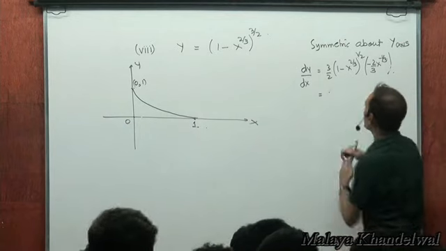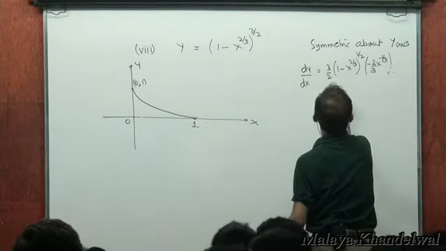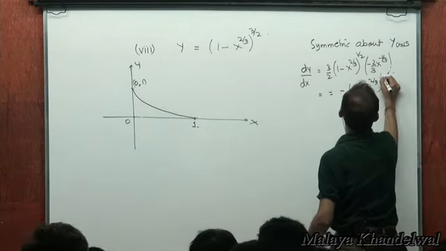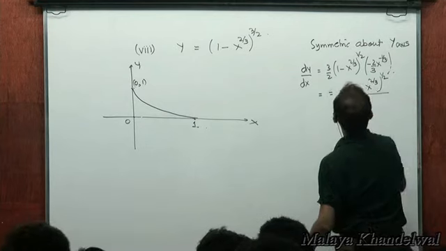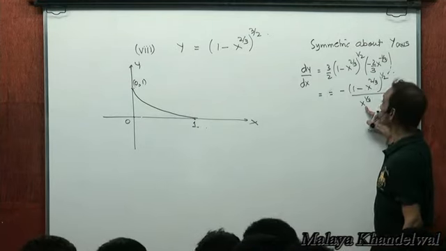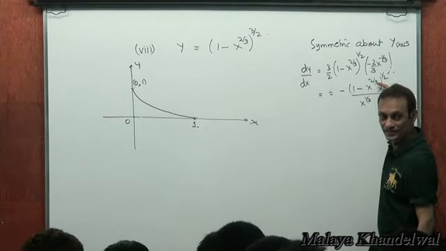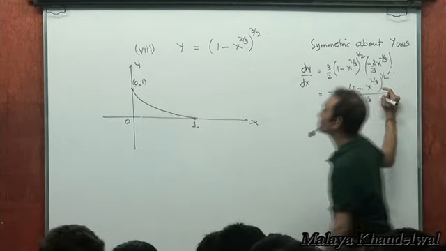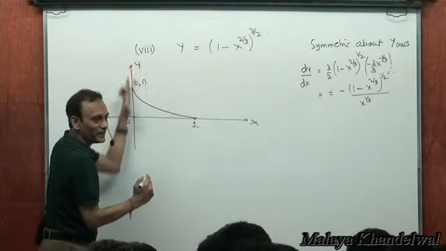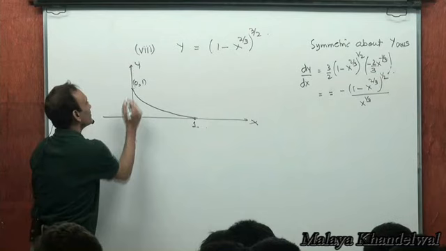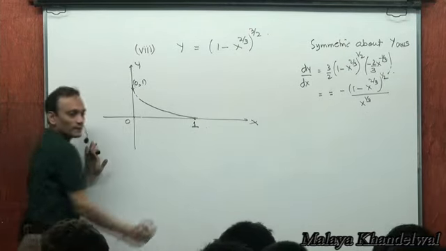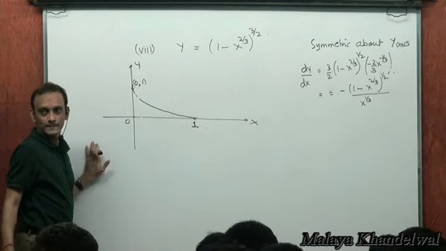This could be written as -(1 minus x to the power 2/3) whole to the power half divided by x to the power 1/3. As x tends to 0, dy/dx tends to plus infinity, which is vertical. Right? Yes or no?